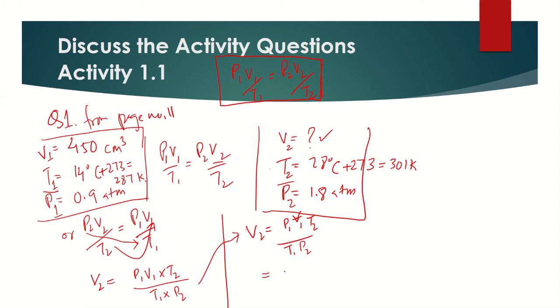P1 here is 0.9 atm times volume 450 times T2, which is 301, divided by T1, which is 287, into P2, which is 1.8 atm. With this we get the volume as 235.97 meter cube. So this is our V2.